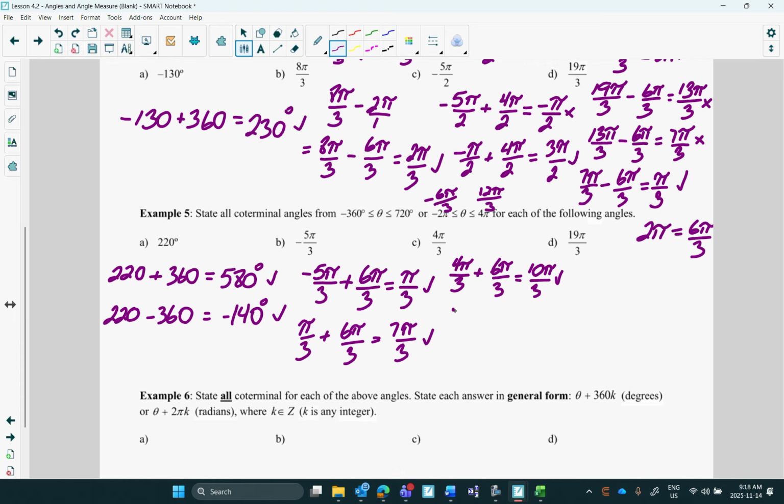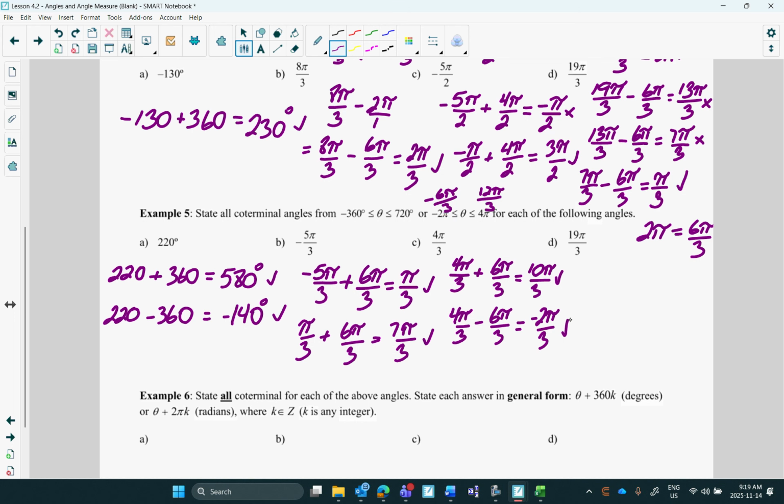Go back to the original and start subtracting. What does that give me? Negative 2 pi over 3. Is that inside? Yeah. If I subtracted another 2 pi over 3, would it still be inside? No, it'd be negative 8 pi over 3, which is outside.